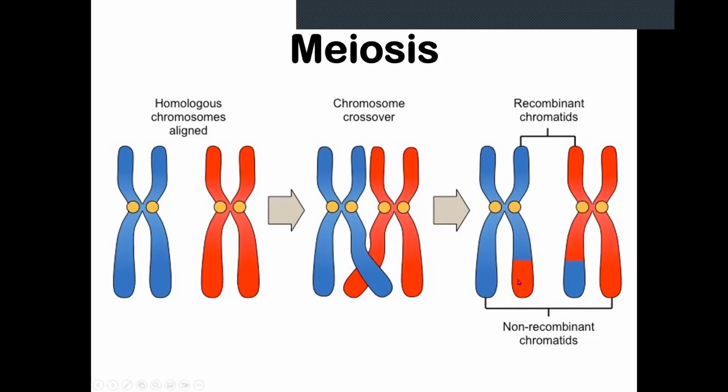The ones with additional bits, this one here, are called the recombinant chromatids, and the outer ones which haven't joined are non-recombinants. So instead of having two the same, now we've got 4 different ones. The number of recombinants varies each time, and where the crossing over occurs varies each time.